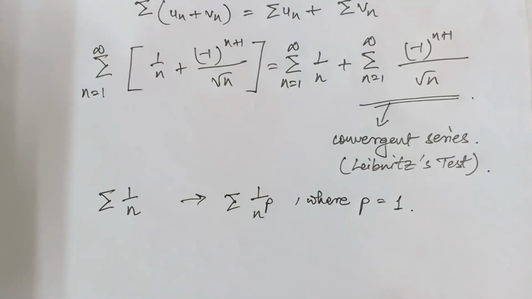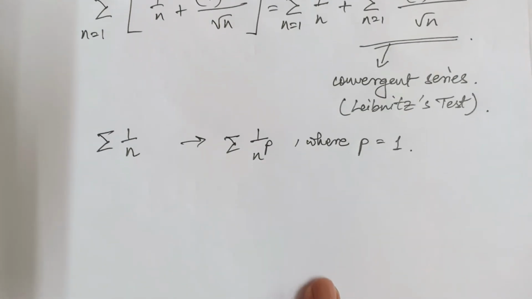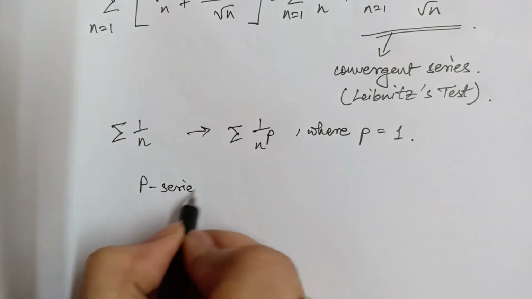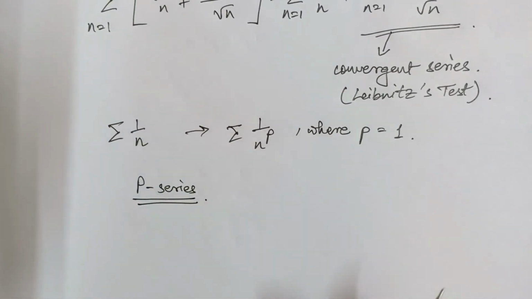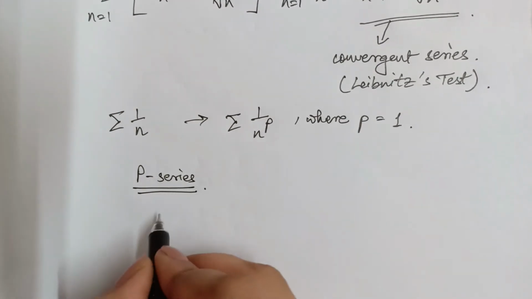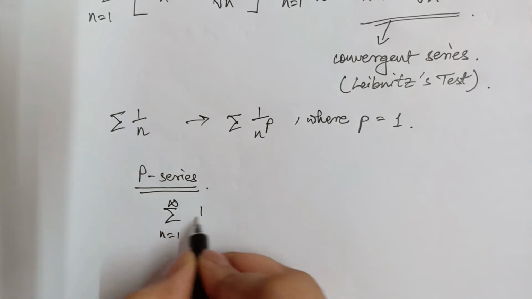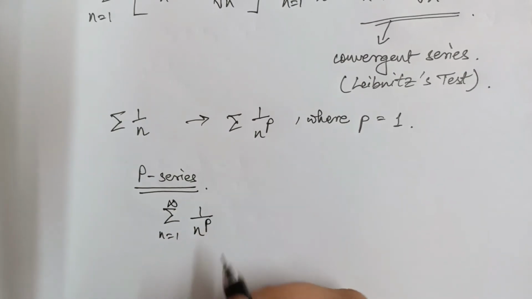So we will apply our p test. So what is the p test? The p test is also known as p series. This is when summation n equals to 1 to infinity 1 by n to the power p.